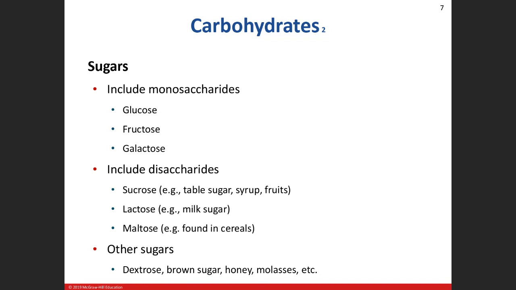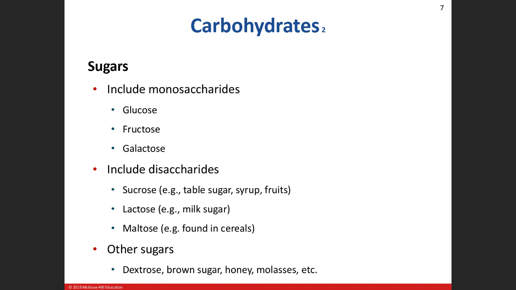Glucose is a hexose, a 6-carbon carbohydrate.